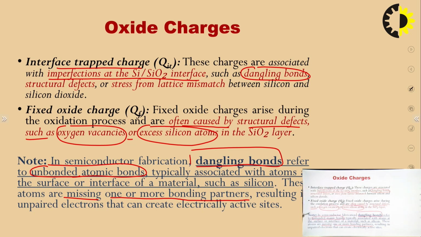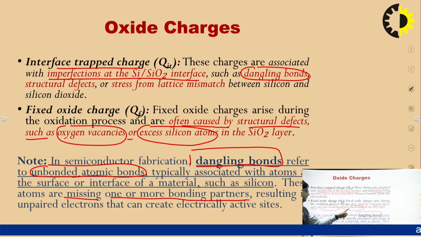If at the interface in the silicon oxide layer there is excess of silicon atoms or there are oxygen vacancies, in that case the structure does not remain neutral in nature. So, the charges are developed. So if the cause of charge is excess silicon atoms or oxygen deficiency, then that kind of charge that is developed is known as fixed oxide charge.